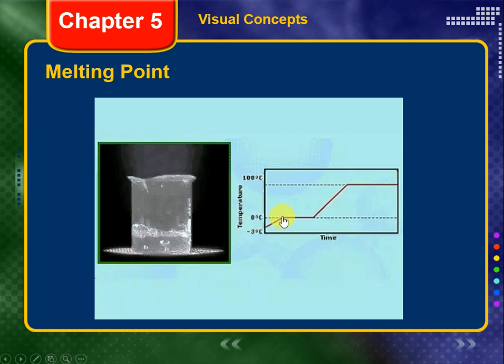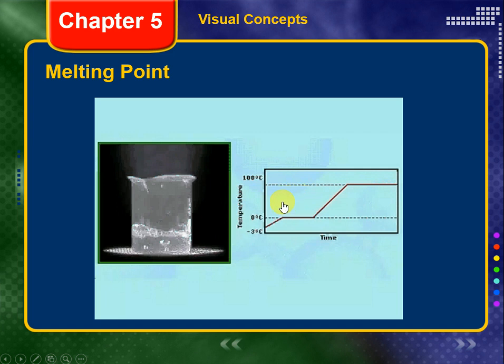Now, we will stay at 0 degrees Celsius, so even though we're continuing to add energy to the system, the temperature will stay at 0 degrees Celsius until every single molecule of water has transitioned from the solid state into the liquid state, which is represented here in this middle portion.